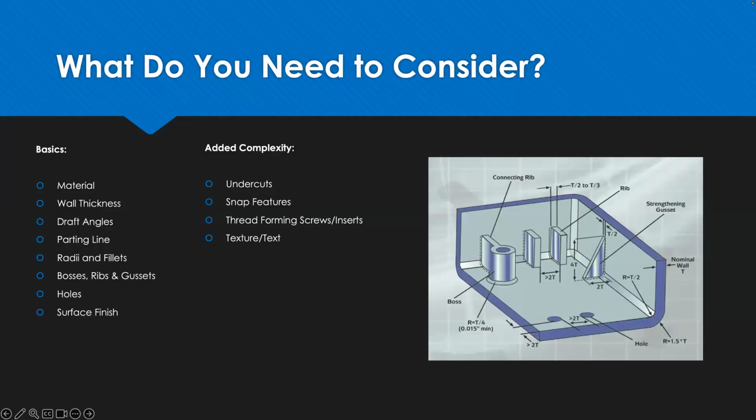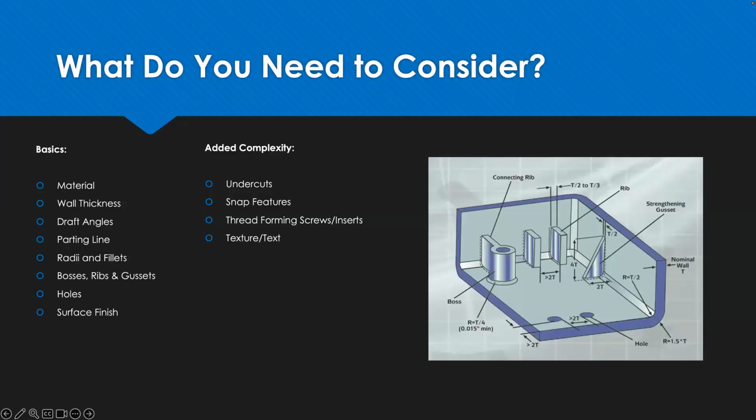Keep in mind things like radii, fillets, bosses and gussets, and the way you need to integrate in ribs. These are all things we're going to touch on in more detail. There are some more advanced features that we're not going to touch on too much, but just to give you a quick highlight, things you want to avoid are undercuts.